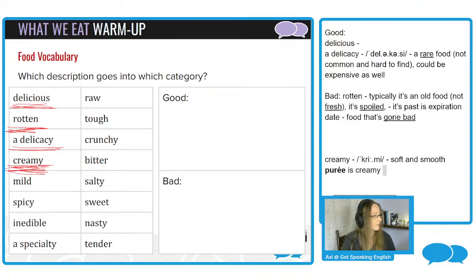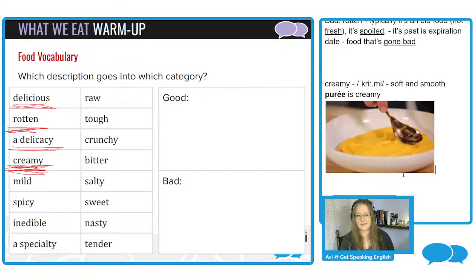Puree, very creamy, very blended. For example, we can see this. I don't know what this is, if this is like squash or potato or something, but it's very smooth, right? Very smooth, very soft texture, right?